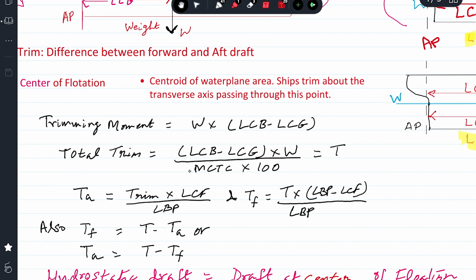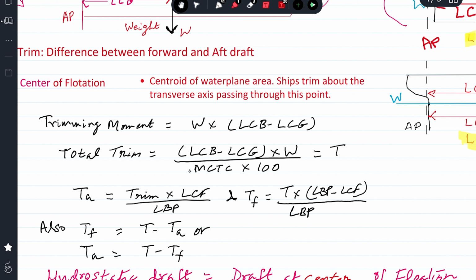So if you want the answer in meters, you divide by 100. If you don't divide by 100, you will get trim in centimeters. That is the only difference. But we divide by 100 and we get the trim in meters.